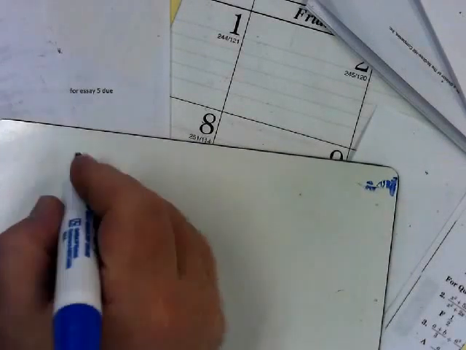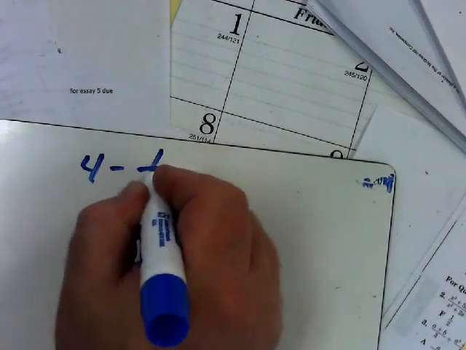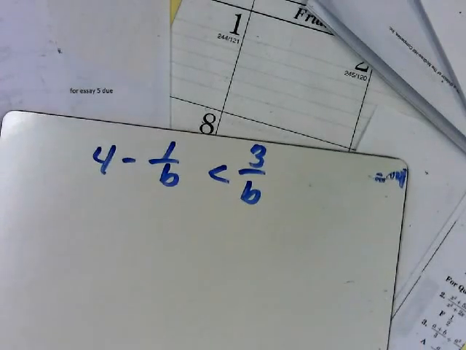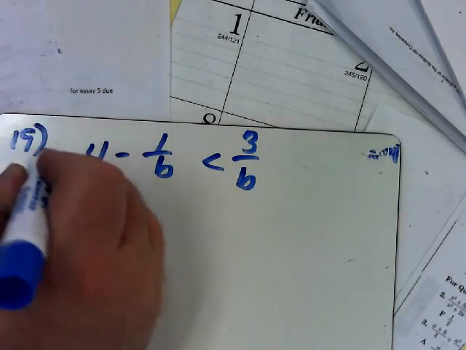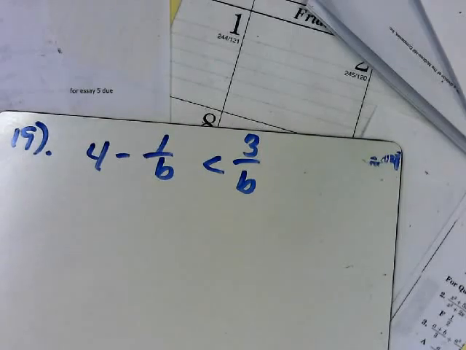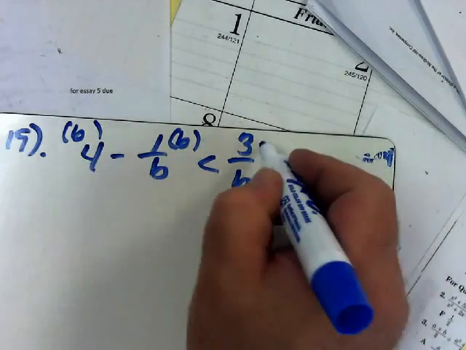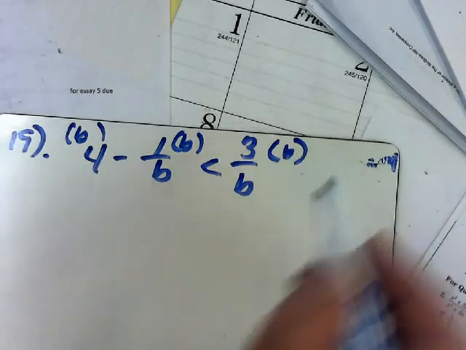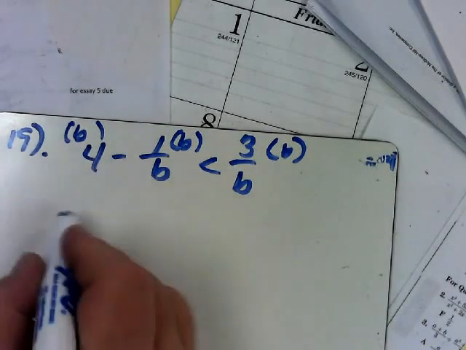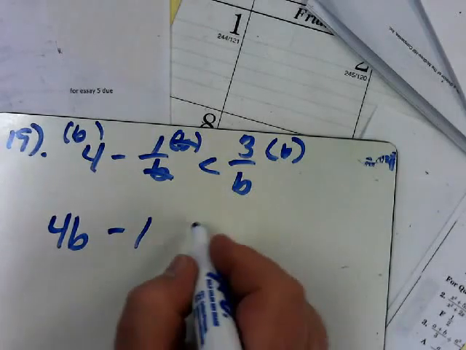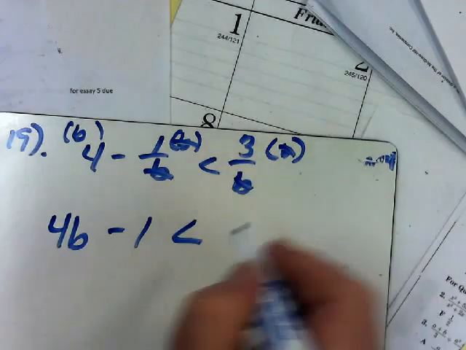Number 19. Again, a fraction. How do I get rid of the fraction? Nothing to cancel here, so I have a 4b. This cancels this, I have a negative 1. This cancels this, I have a 3.